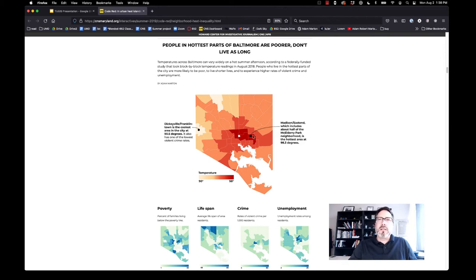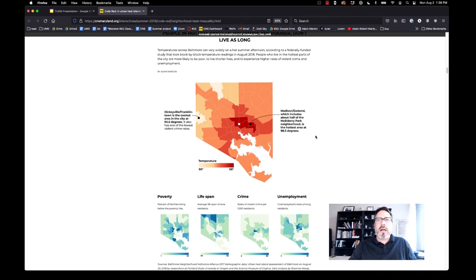As you can see here, Madison, East End is the hottest area at 98.3 degrees. And across town in Dickeyville, Franklin Town, which is right next to Leakin Park, it's 90.5 degrees, right? So that's like an 8-degree difference on the exact same day, just a couple miles away.